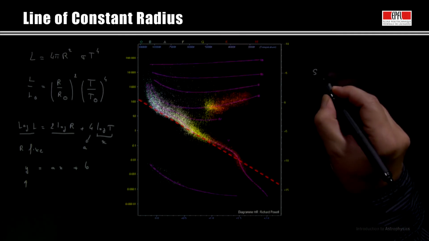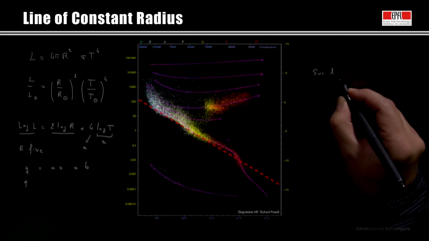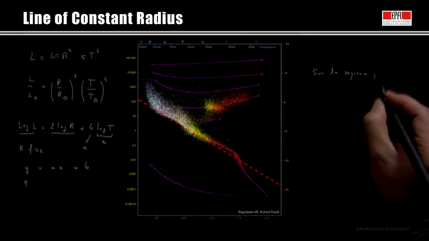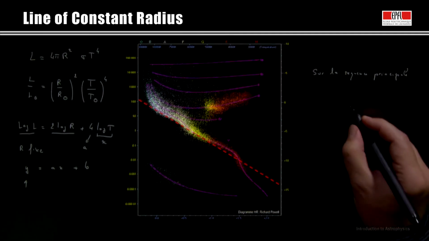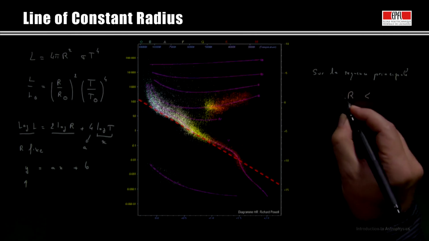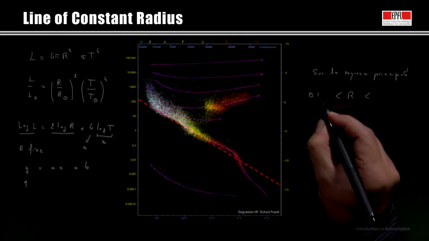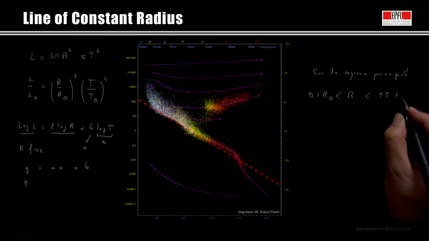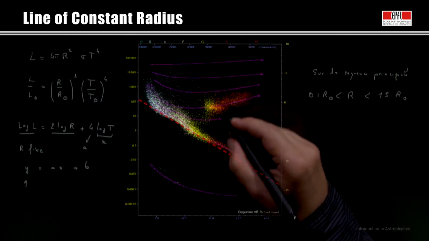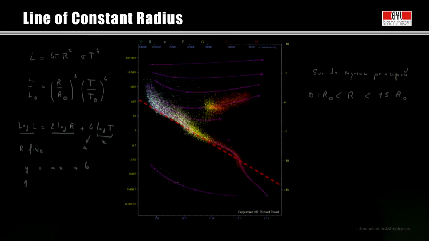By the way, since we are talking about stellar radius in the main sequence, along this straight line, typical radii range between 0.1 solar radii up to 15 solar radii. It is not the same thing for giant or hypergiant stars.